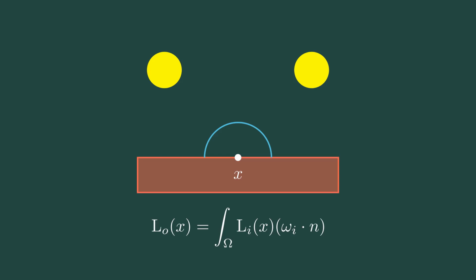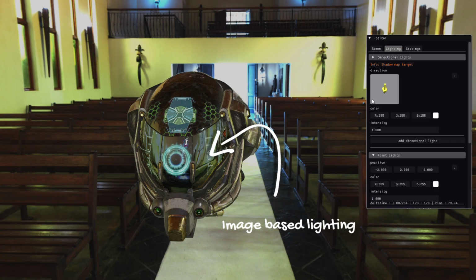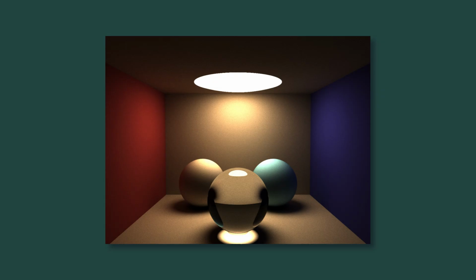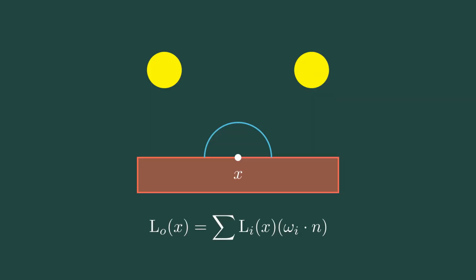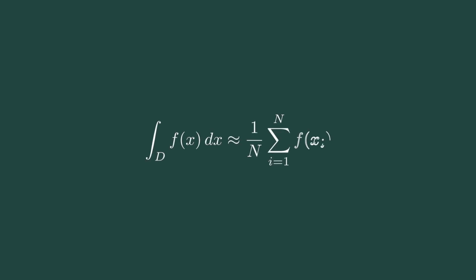We usually know the exact number of light sources and their direction. So this integral will be the sum of the incoming light directions. Or in some cases like image-based lighting and path tracing, we will be approximating the solution of this integral using methods like the Monte Carlo method.